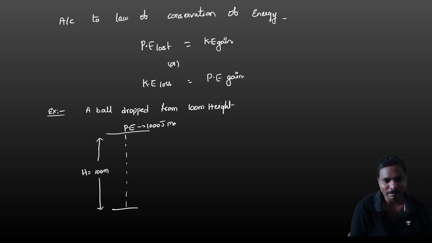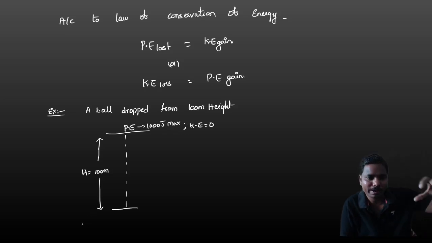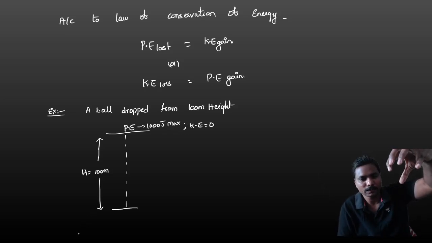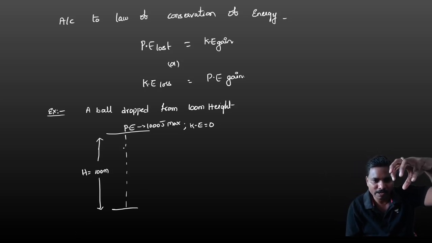It is the maximum. At this maximum height, what is the kinetic energy? It doesn't have kinetic energy. So I am not dropping, I am just holding it. Now it is not in movement, so kinetic energy is zero. Whenever it comes to half of the height, then what is the potential energy?